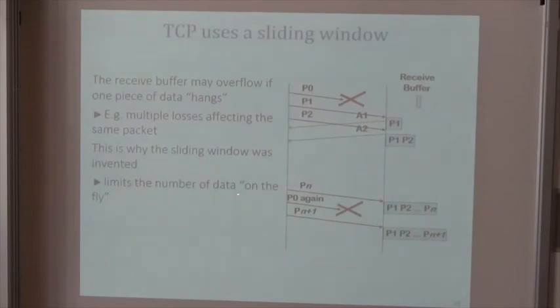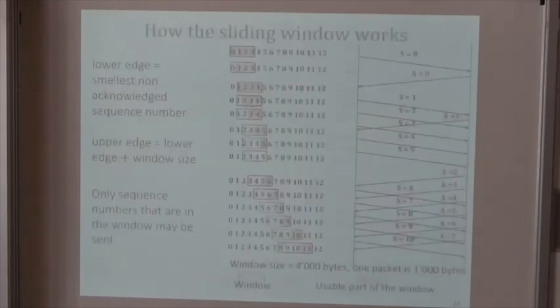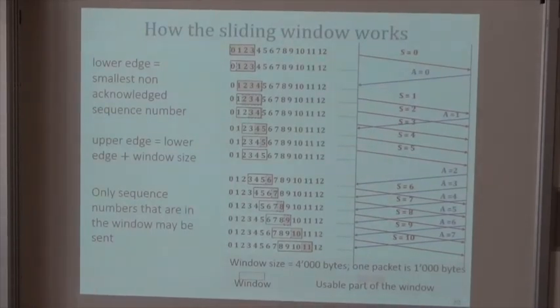A synonym is the number of data on the fly. So here P1, P2, etc., Pn are the data on the fly. They are data that follow P0, and if I allow them to be unlimited, then I may also require unlimited buffer space at the other end. To avoid this, we put a limit, which is called the sliding window, which seems complicated because that's a detailed cartoon, but in fact is very simple.